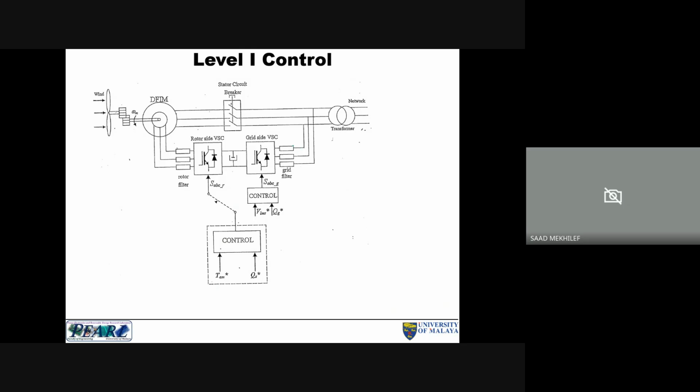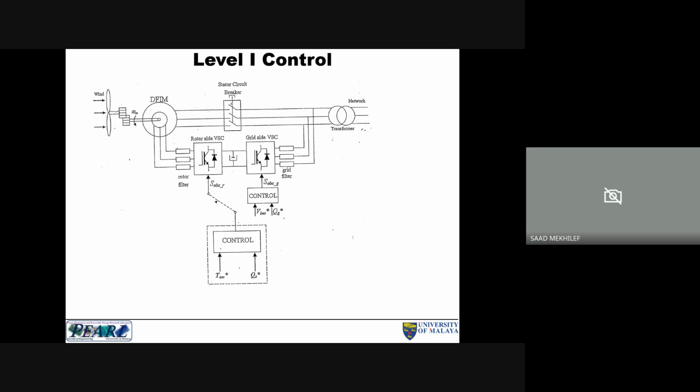If we zoom in to the first level, you can see here we have the V bus reference and the Q reference, and then the control of the first one. You can see here the switch; we can switch between this and that.